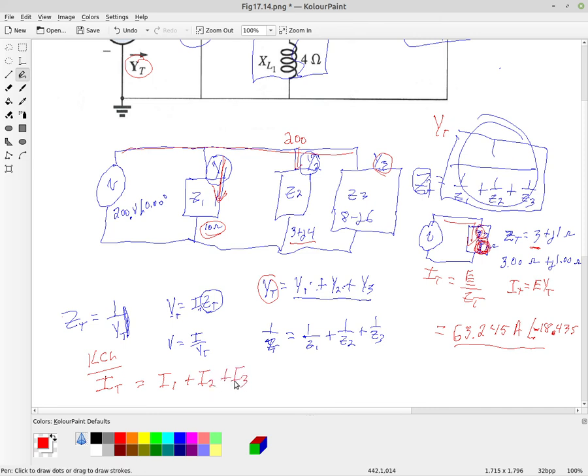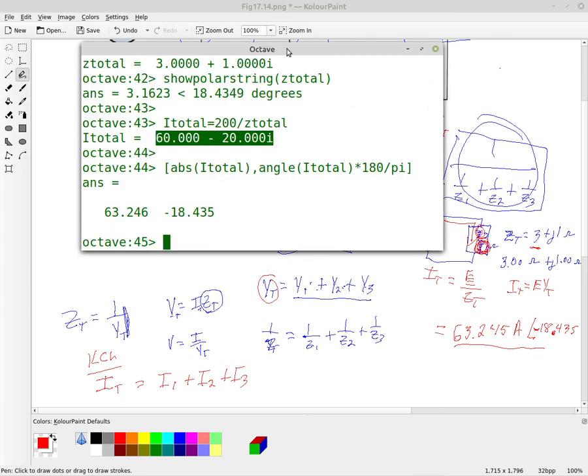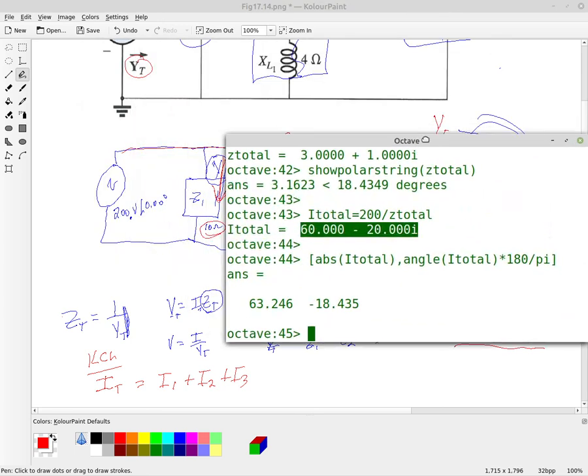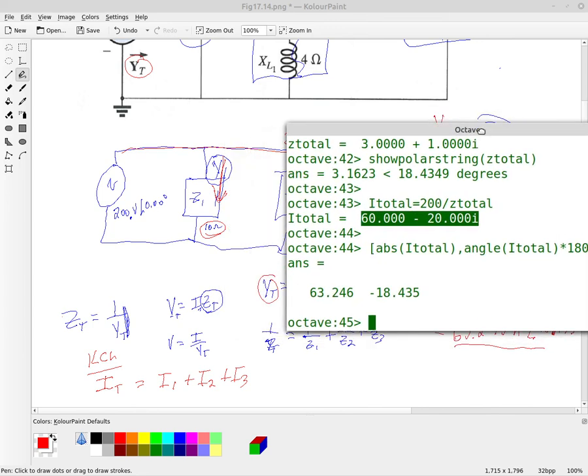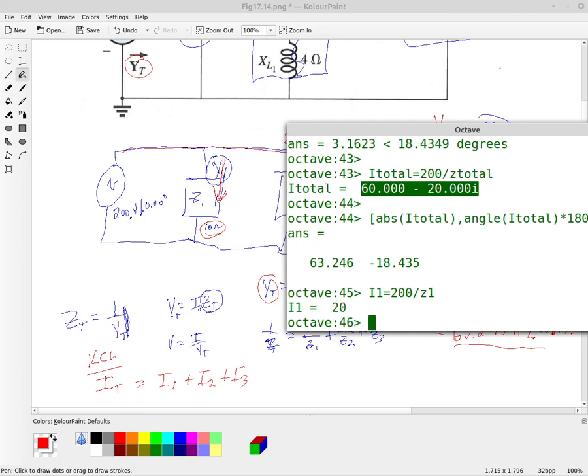So we can go ahead and demonstrate that over here in Octave. In Octave, remember I already put in Z1, Z2, and Z3, so I can therefore go I1 is equal to 200 divided by Z1. There's just resistance in there, and the resistance was 10 ohms, so you have 200 divided by 10, which simply gives you 20 amperes.